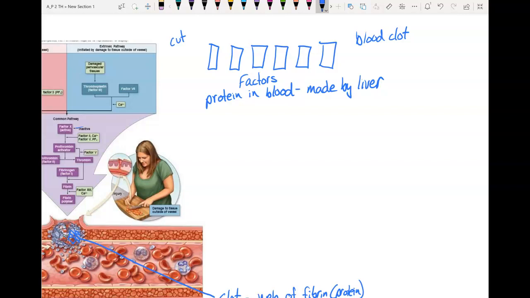It's inactive. It's there when you need it. So that's what the factors are like. They're these proteins that are made by your liver, they're put in your blood, and they're inactive. And they're just flowing around as part of your blood. When you get a cut, you activate the first one.